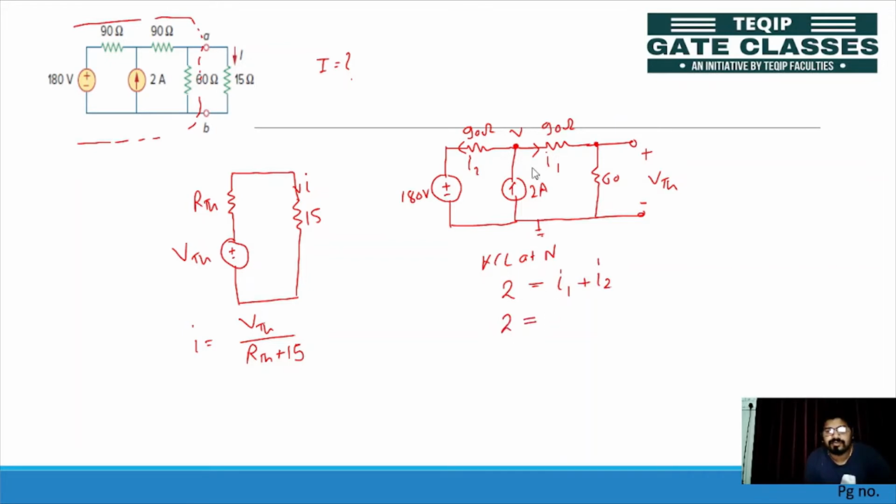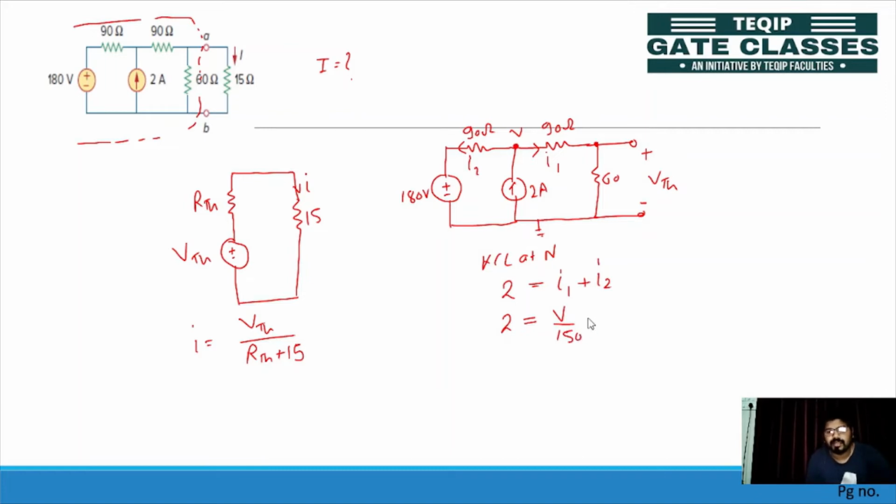So 2 is equal to I1 plus I2. What will we write? I1 means this one, V to 0. The same current I1 is going in 90 and in 60 ohm. So I1 will be V minus 0 divided by 150.